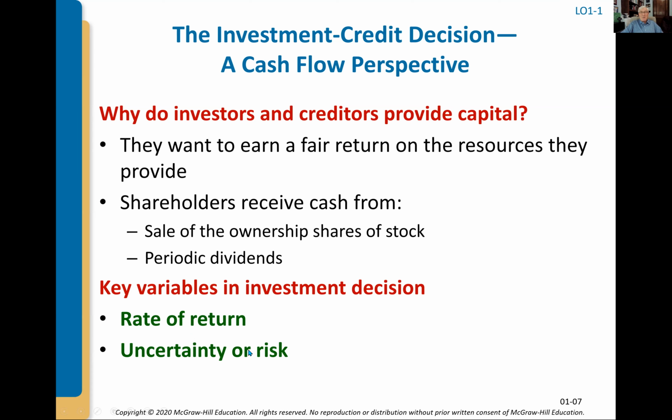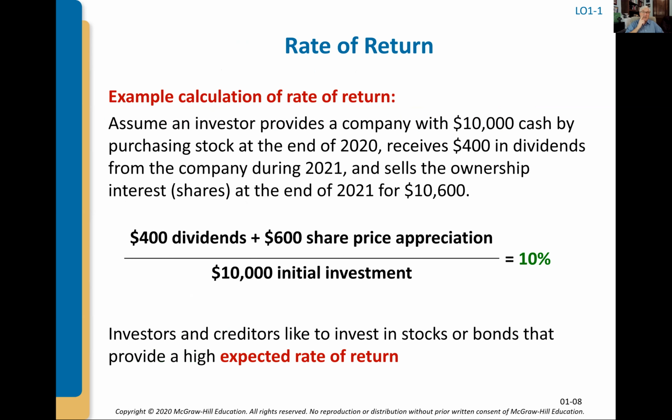It's less risky because people are always going to eat that cereal. And they have maybe a lower rate of return, and they pay us a very stable dividend every year. So I do like General Mills. And so here's a way of looking at a rate of return. Let's say you made a $10,000 initial investment, you got $400 in dividends, but the stock price went up by $600. That would be a 10% return.